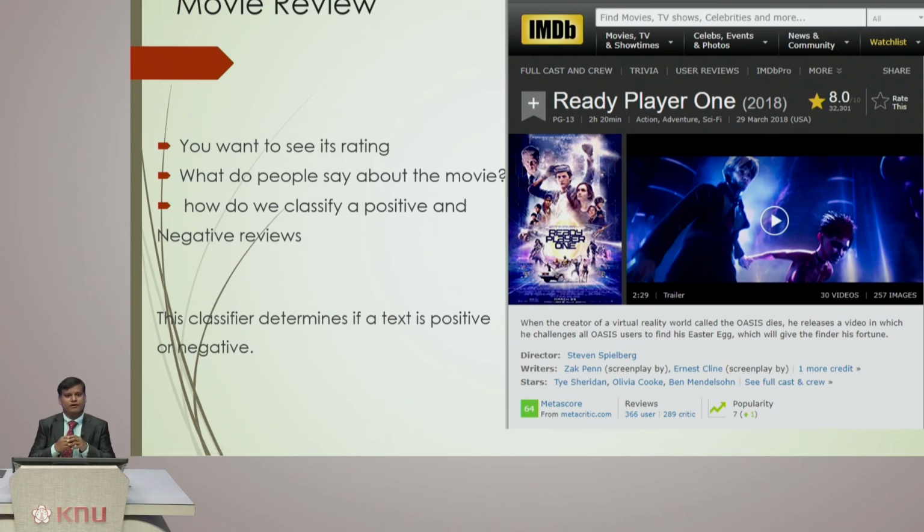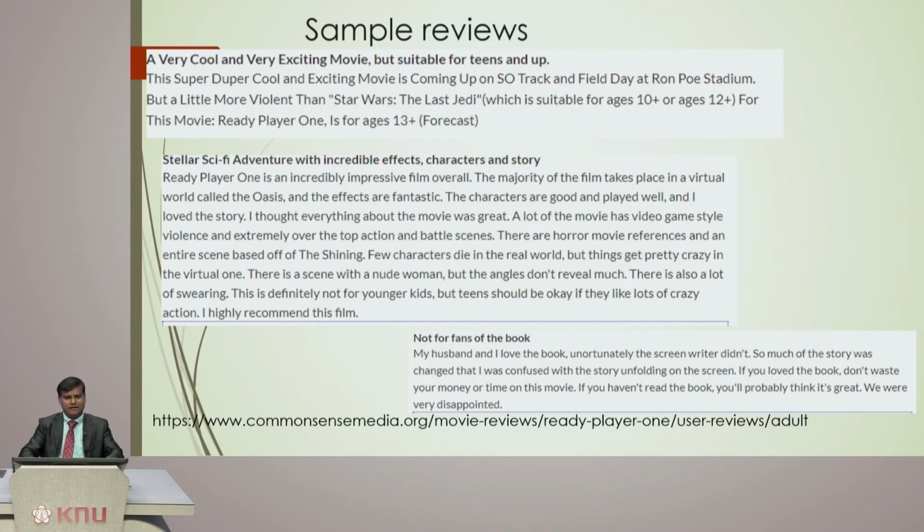So what do the people say about this movie? The rating itself gives us some information, as if it's a pretty good movie, but how do we classify positive and negative reviews? Given the review, this classifier determines if the text is positive or negative.